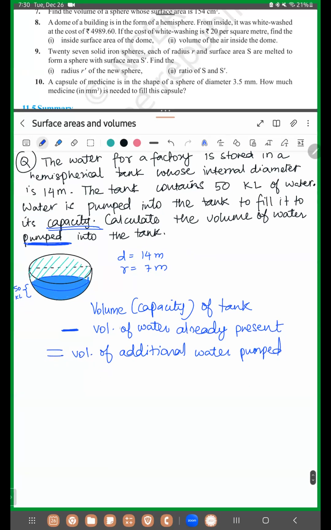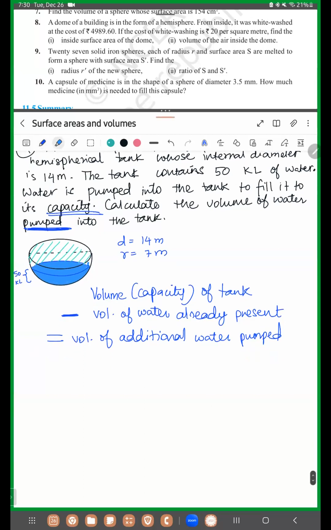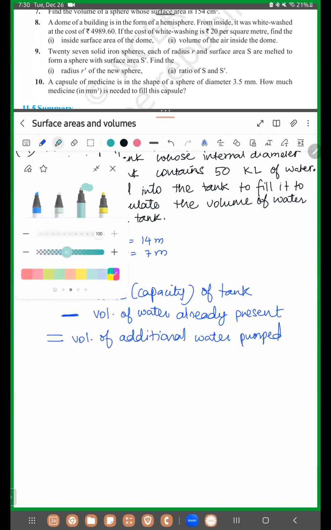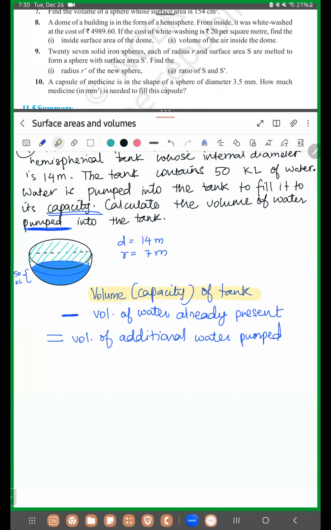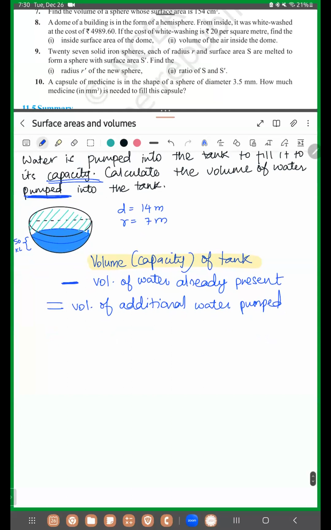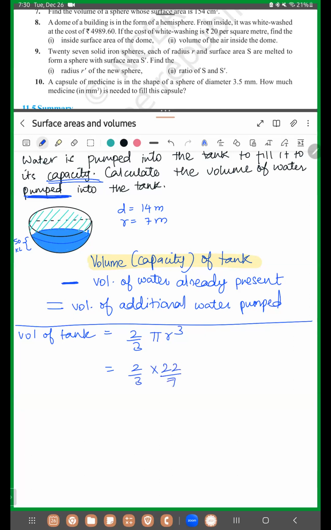So first of all, volume of the tank is how much? Volume of tank is 2 by 3 pi r cube, which is 2 by 3 into 22 by 7 into 7 into 7 into 7.